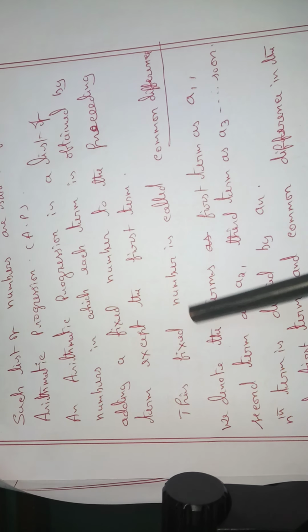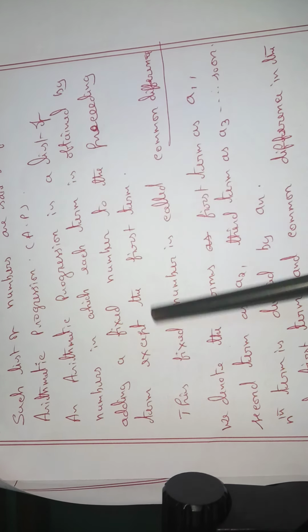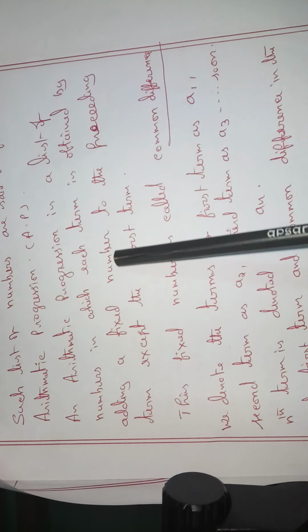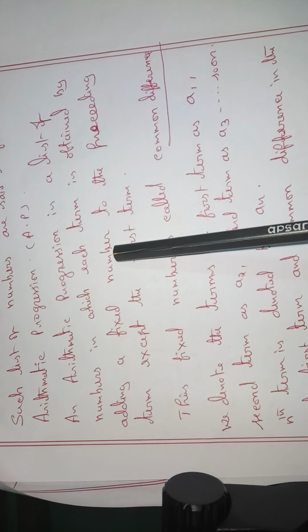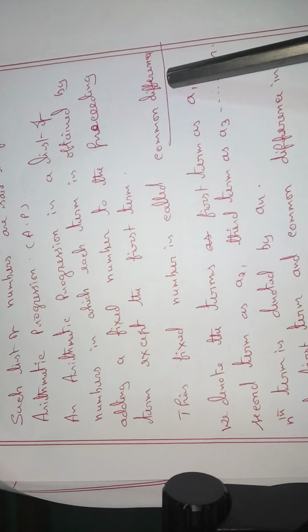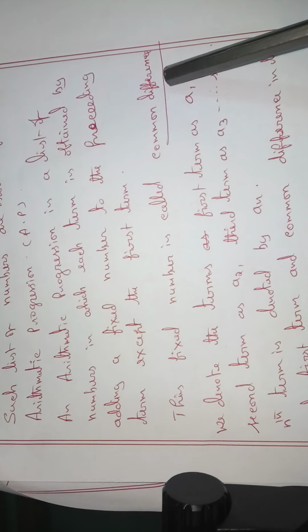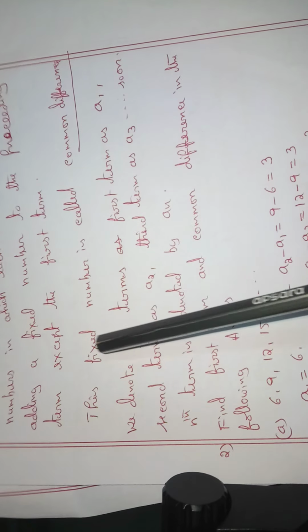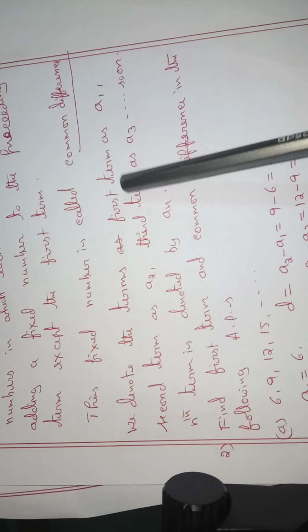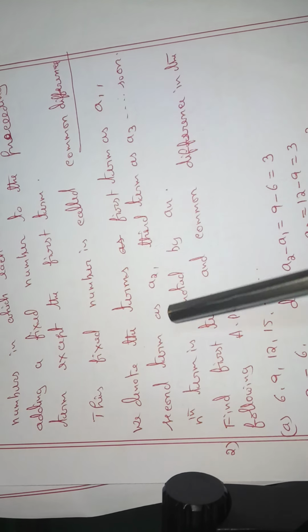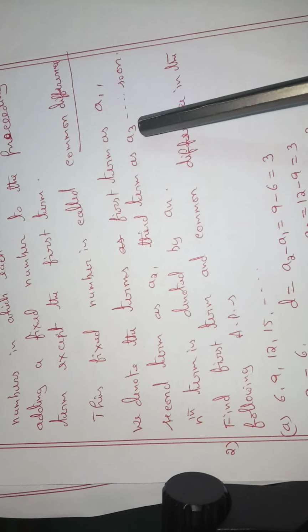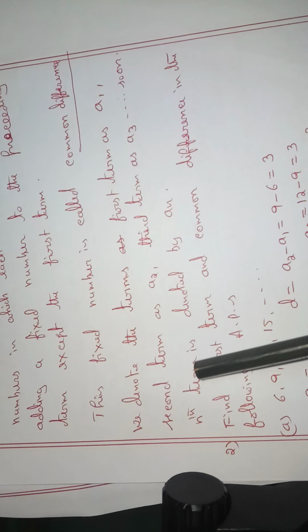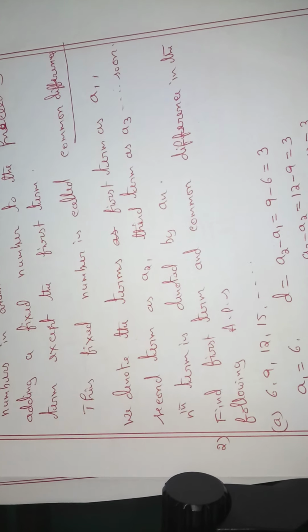First term does not have any previous term. Therefore, except for the first term, we will get it by adding a fixed number. That fixed number is called the common difference. Then numbers written in the sequence are called terms. First term is denoted as A1, second term as A2, third term A3, nth term is denoted by AN.